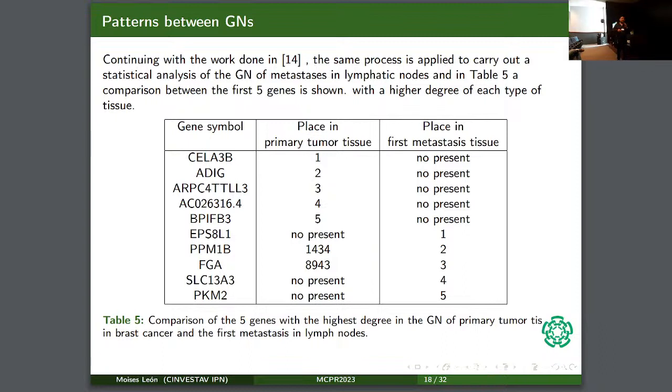For example, some of these genes are associated with translocation molecular functions, and in the biological analysis we can say that when a cancer tumor wants to leave the primary tumor and locate in another organ, these genes are more expressed to get the metastasis.